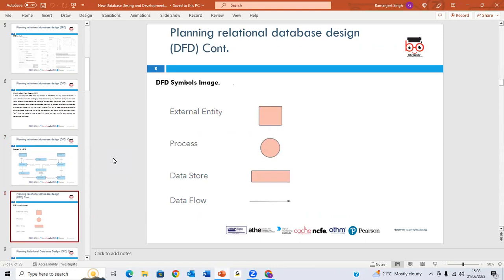So these are some of the symbols that we can see. So we have external entities. The circle indicates that we're now processing, and a rectangle shows how we are storing this data. And then the arrow will indicate in which direction the data is flowing.